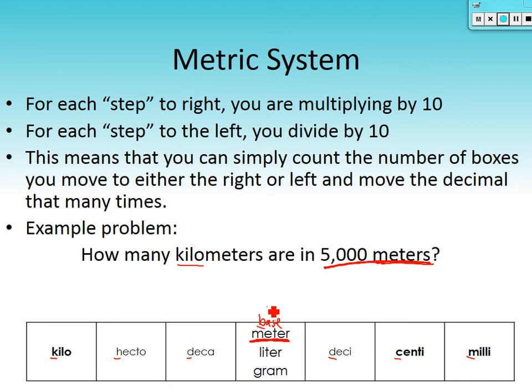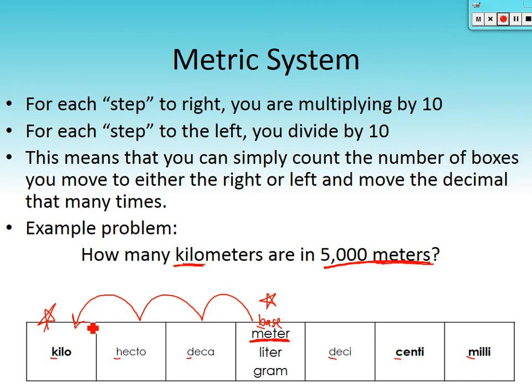So we're starting right here in this base box. Now we want to know how many kilometers are in 5,000 meters. So we're trying to go to the kilo box. Which one is the kilo box? Well, it's this one. Okay, so we're starting here. We're going to go 1, 2, 3 boxes to the left.